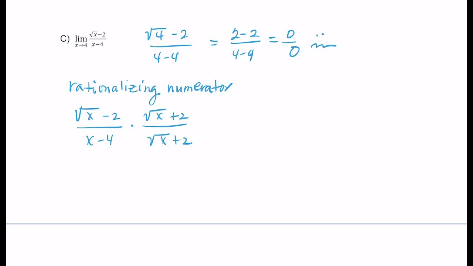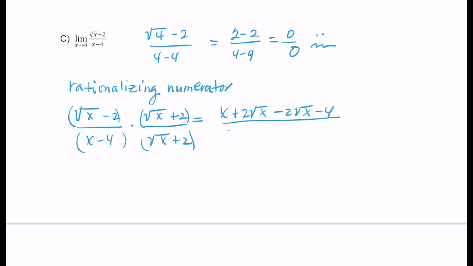So now if I want to multiply these, I'm going to have to distribute. So FOIL, right? I'm going to multiply the square root of x times the square root of x, which just gives me x. And then the square root of x times 2 is 2 square root of x. Negative 2 times the square root of x is negative 2 root x, and negative 2 times negative 2 is negative 4.